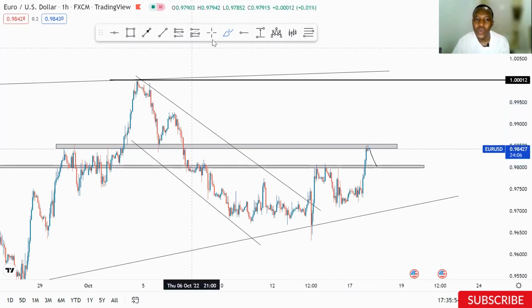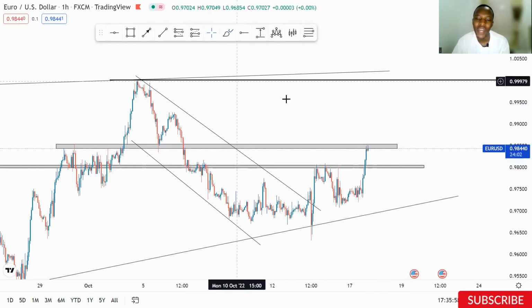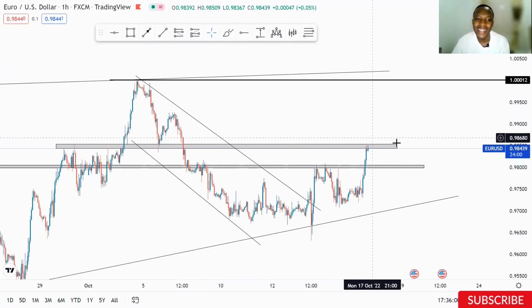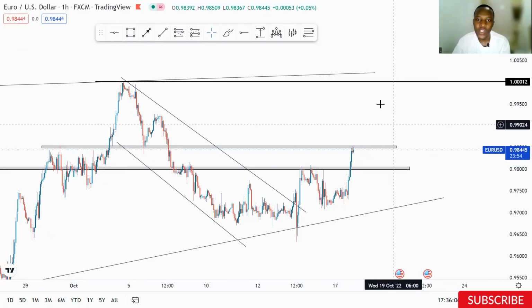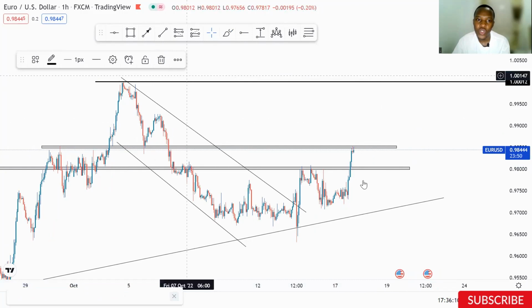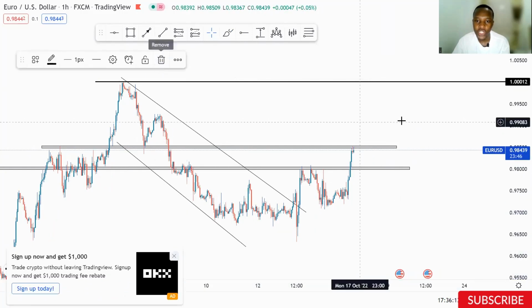So this is how you utilize this thing, guys. We do not just highlight them for the sake of highlighting them. There is an intention behind every technical tool that we use here, right? So as of the current moment, you can literally see that Euro USD is looking to be more bullish than bearish, right?